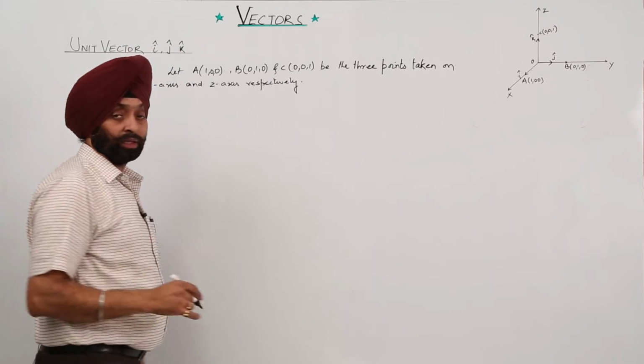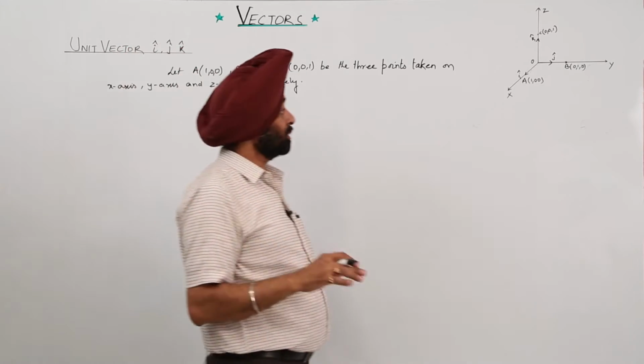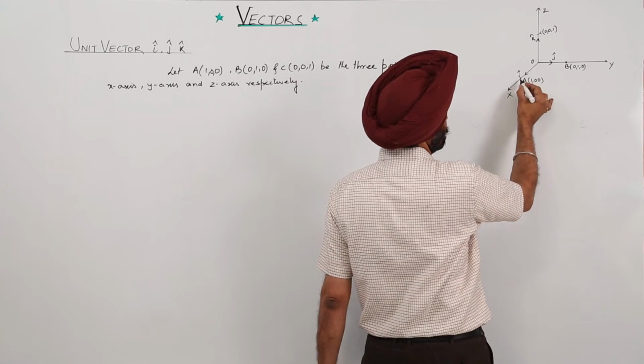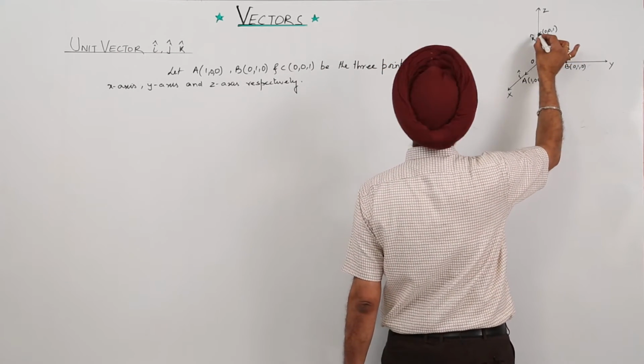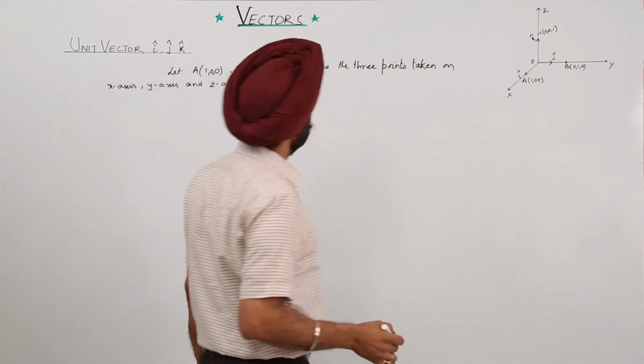I am just, by taking the coordinates, making it more clear. Okay. So we have taken point A, point B and point C. Okay. A, B and C.